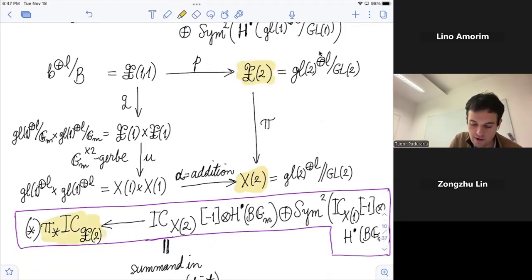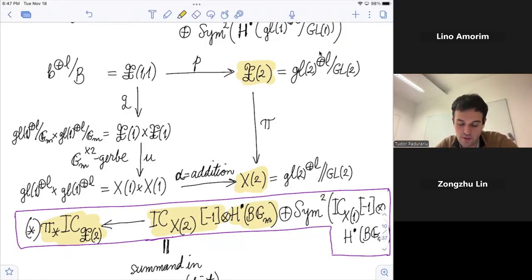We'll have a contribution coming from the IC sheaf of the base times the cohomology of BG_m. The reason this BG_m appears is that the diagonal G_m in GL_2 acts trivially on the affine space, the adjoint representation plus L. So the preimage over the stable points in X_2 is BG_m.